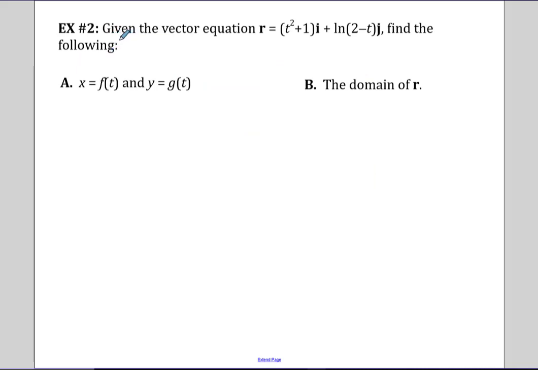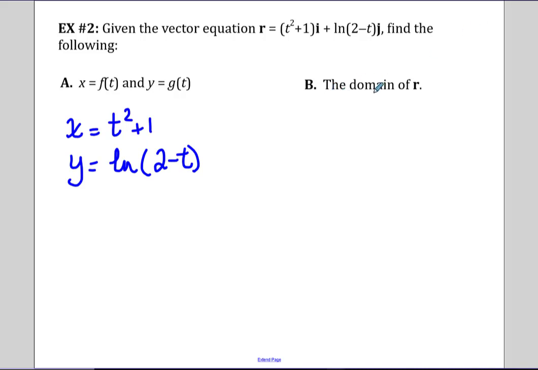In example 2, if we're given the vector equation r, we want to find the x coordinate and the y coordinate. Our x of t is t squared plus 1, and our y of t is natural log of 2 minus t.